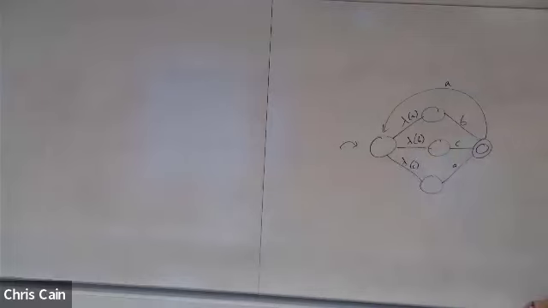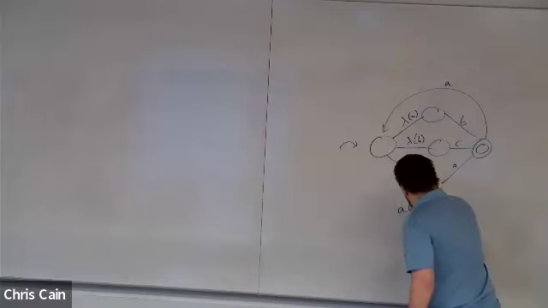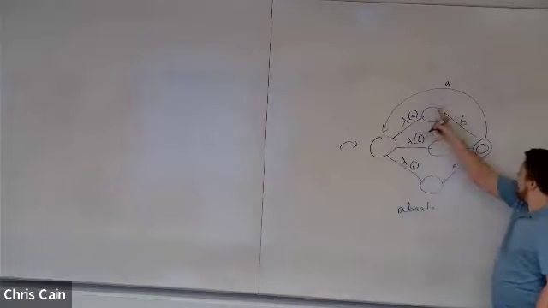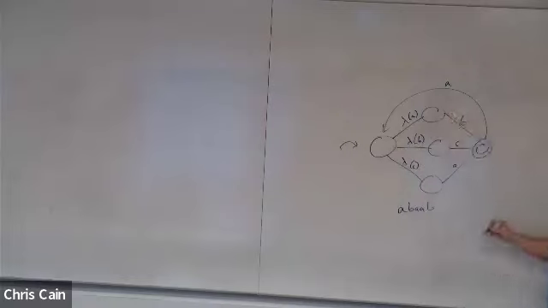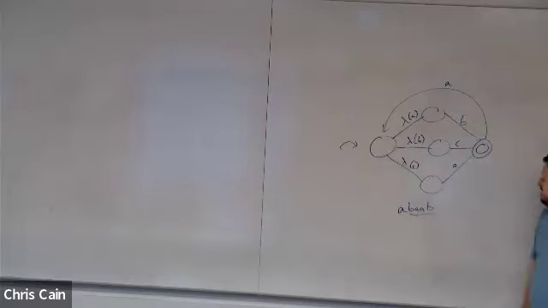So what's a string that wouldn't have been accepted in the old language that uses this transition? Give me some example. A, B, A, B. We go A, B, A, B. So the chop left of this is B, A, B. So if we replace these with lambda transitions, we need to be able to get B, A, B out of this.